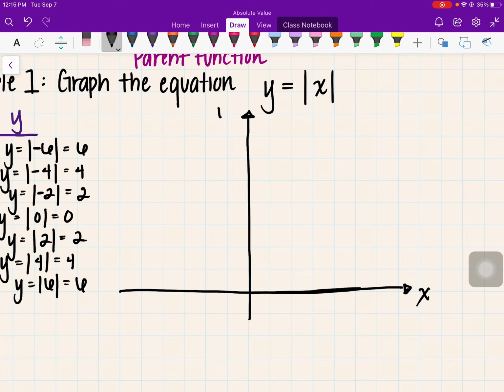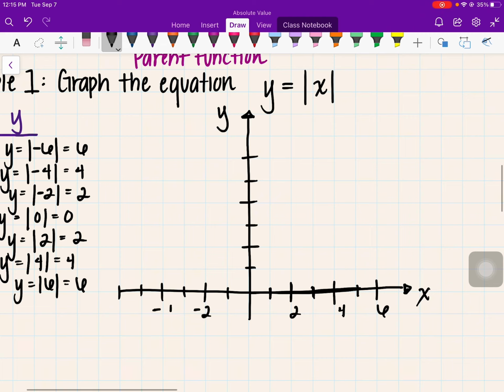So let's graph this. I have 1, 2, 3, 4, 5, and 6. Let's label this 2, 4, and 6, -2, -4, and -6.